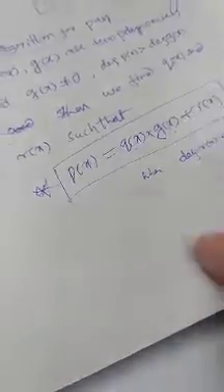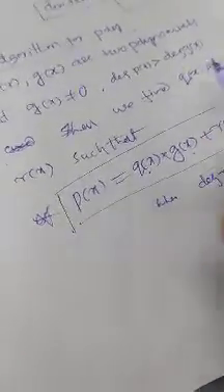The remainder polynomial's degree should be less than that of the divisor polynomial. This is important. So this is the statement of the division algorithm: for any two polynomials, we can find a quotient polynomial and remainder polynomial satisfying this condition.